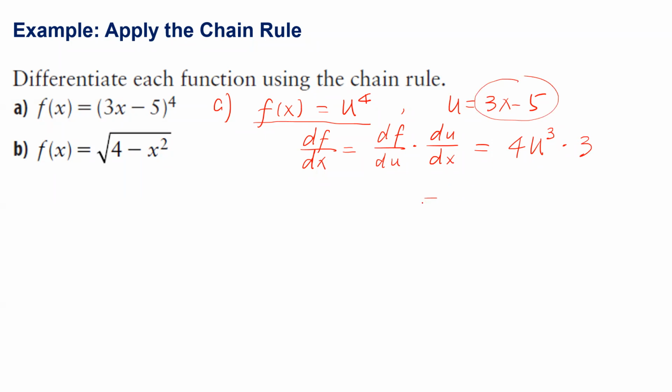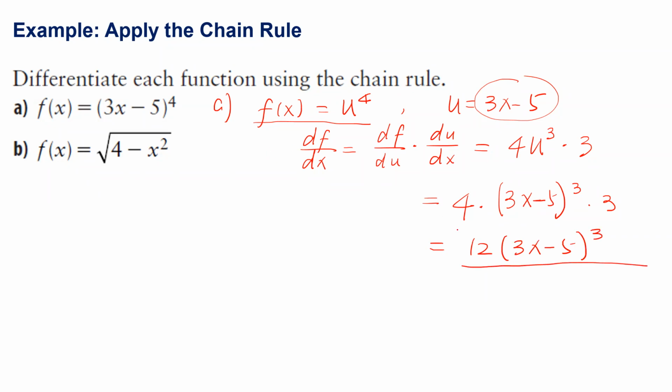So that is really 4 times, so what is u here? u is 3x minus 5. So that's (3x minus 5) to the power of 3 times 3. So this is 12 times (3x minus 5) cubed. So this is the derivative of f(x) with respect to x.